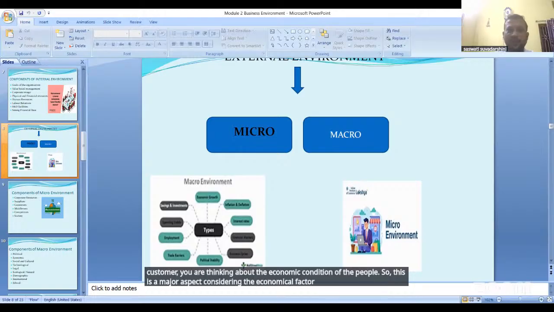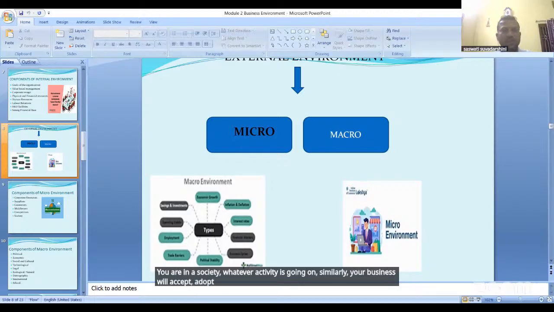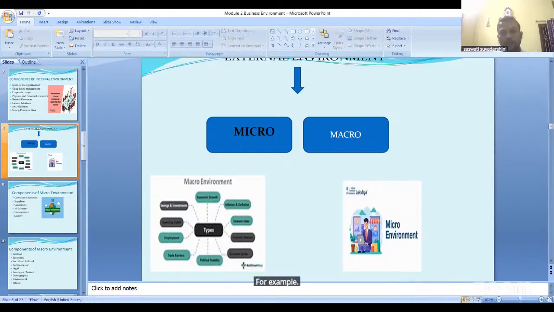Then the social and cultural factor. No doubt you are in a society, and whatever activity is going on, your business will accept and adopt it. Take the example of Durga Puja, very popularly celebrated in the eastern zone. All the business units carry different kinds of products related to this cultural aspect, social aspect, festival, or occasion.